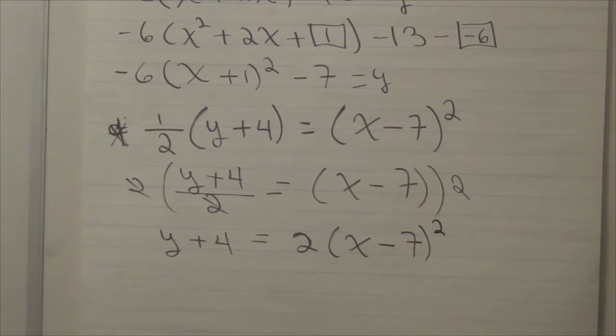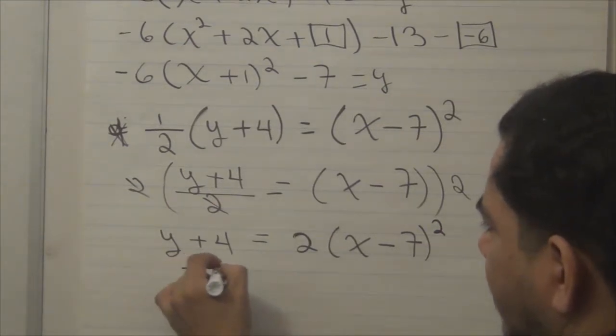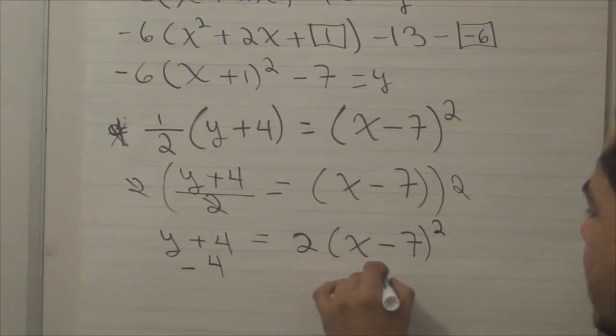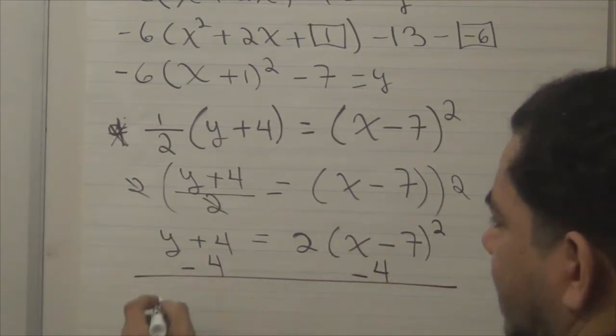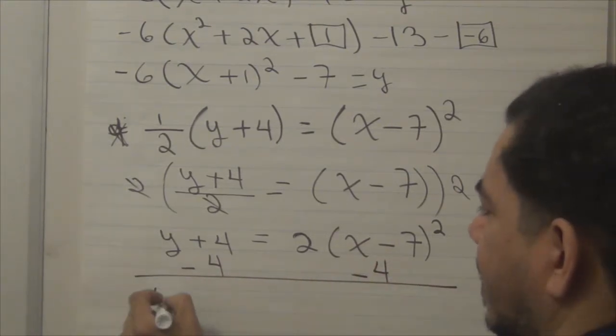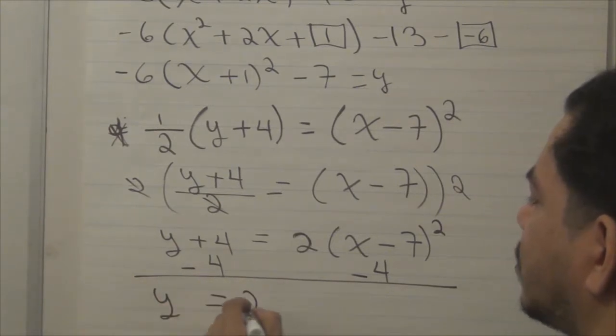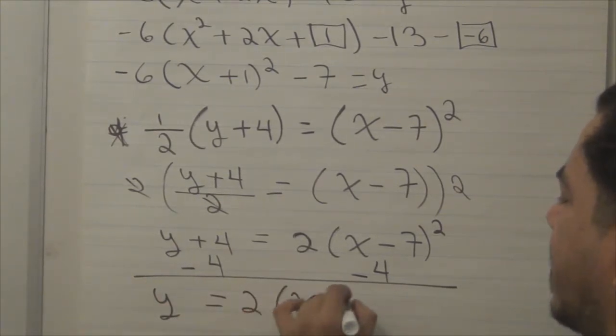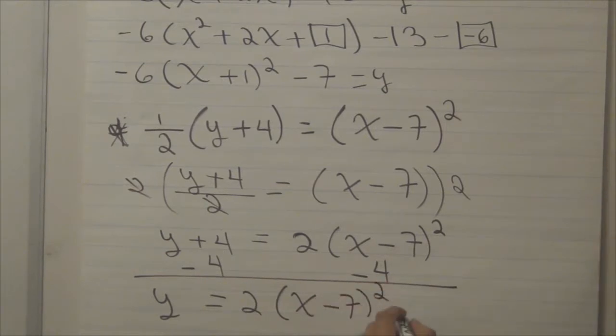Oh my god, it's not that bad. I'm solving for y, so if I subtract 4 from both sides, I get y equals 2 times (x minus 7) squared, minus 4.